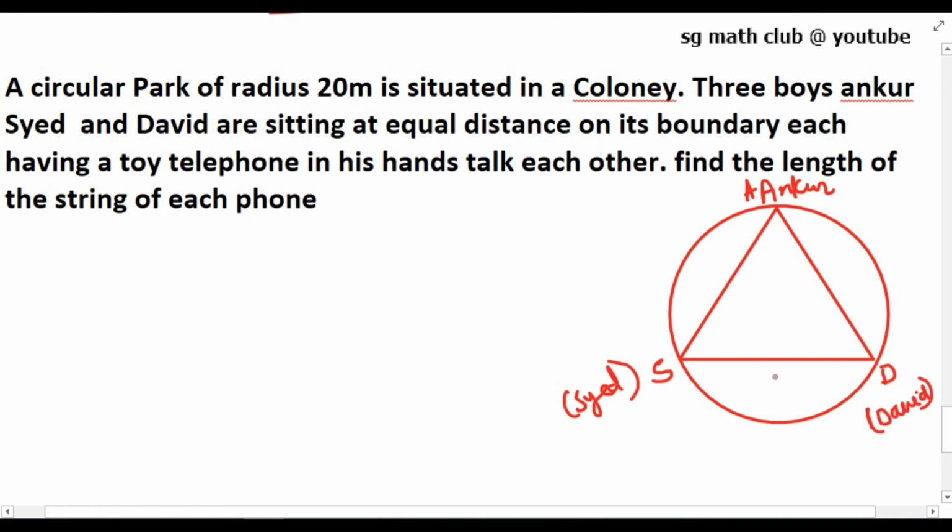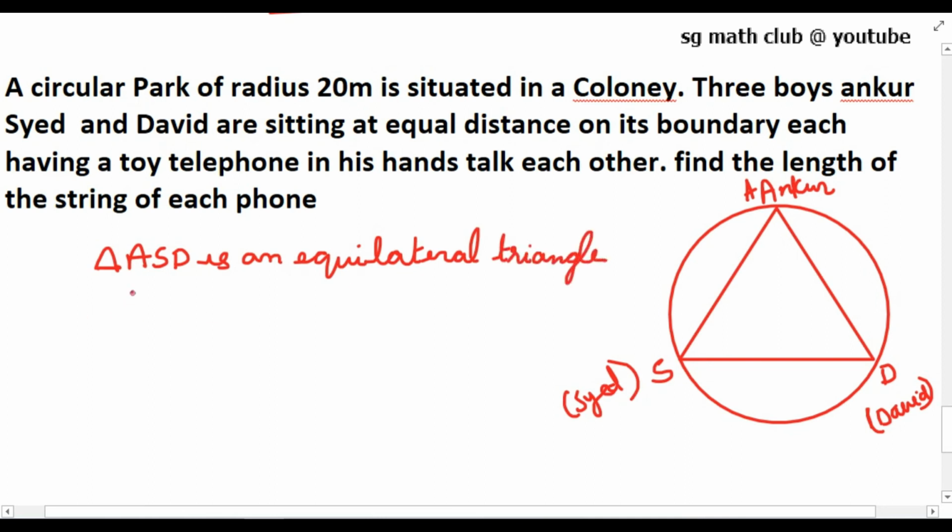Now they are equidistant, so triangle ASD is an equilateral triangle. That means they are sitting at equal distances, so AS is equal to SD equal to AD. So these lengths will be equal.